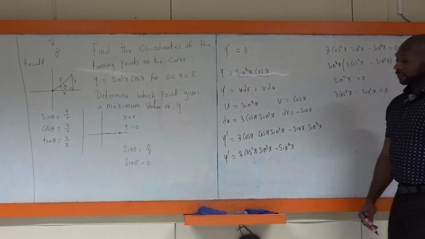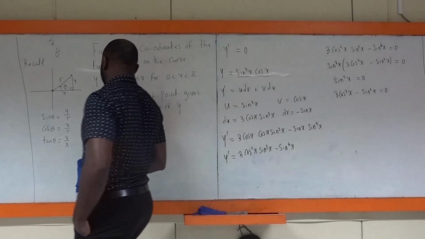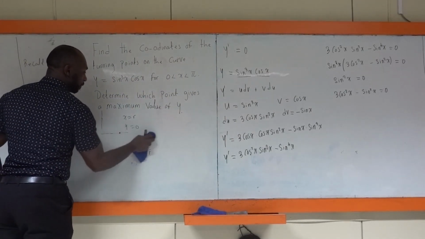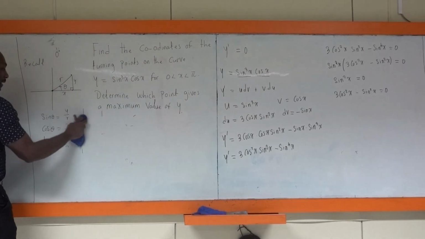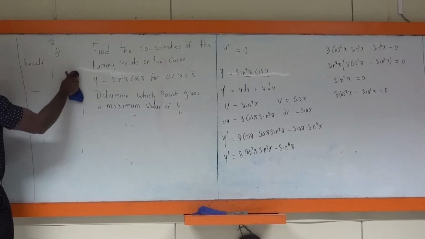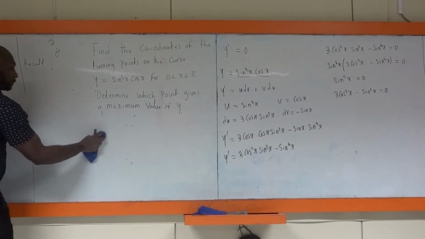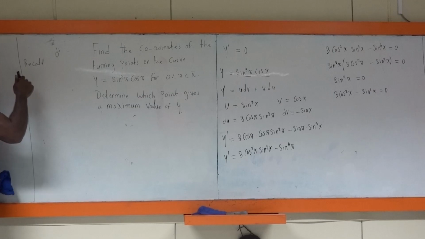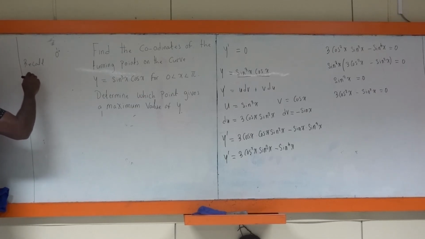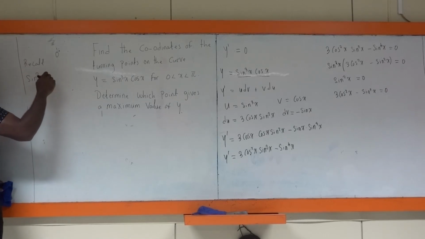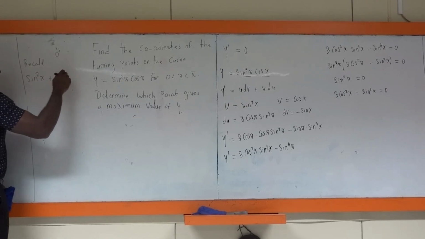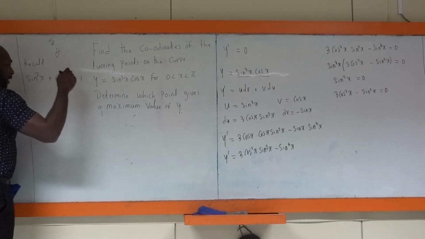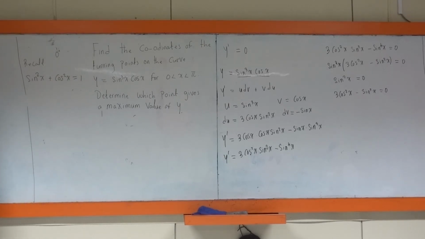And recall, let's go back to this side of the whiteboard and recall from simple trigonometric identities. So recall, we know that sine squared of x plus cos squared of x must be equal to 1.